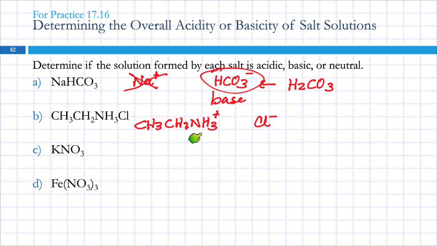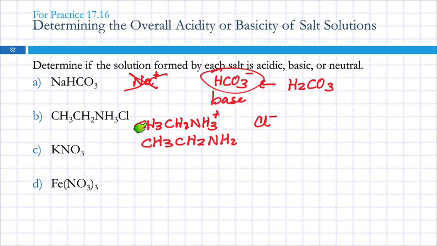In order to see if the cation acts as an acid, we want to see what kind of base it came from. It's not a strong base. It's not sodium hydroxide, potassium hydroxide, something hydroxide. It's a weak base.